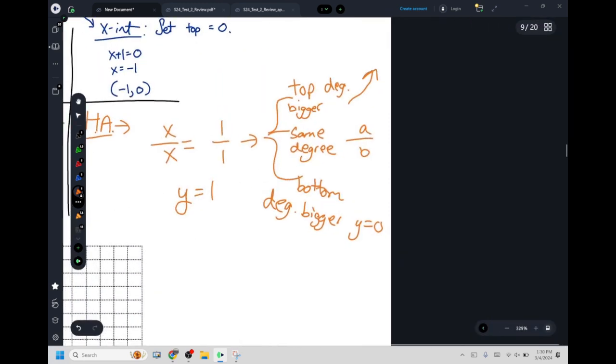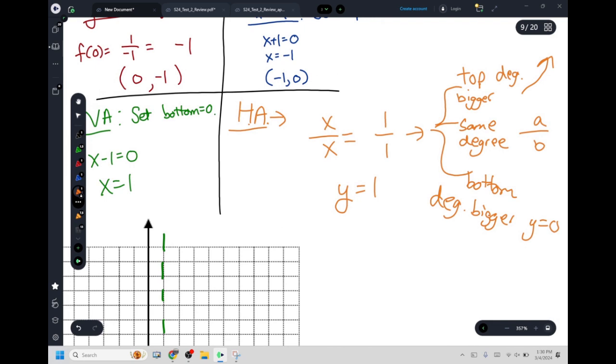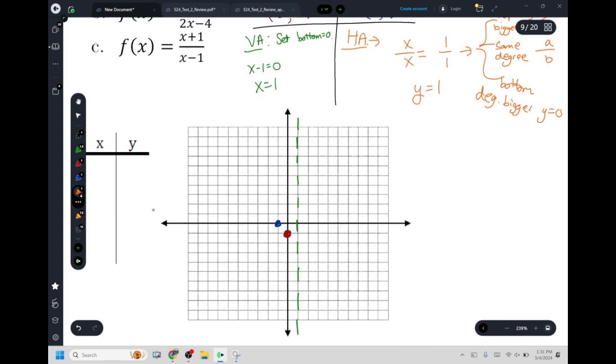Sorry for talking so fast, but it felt like that recall was important. And so we got ourselves a horizontal asymptote of y equals 1. Look at that graph. That kind of checks out.